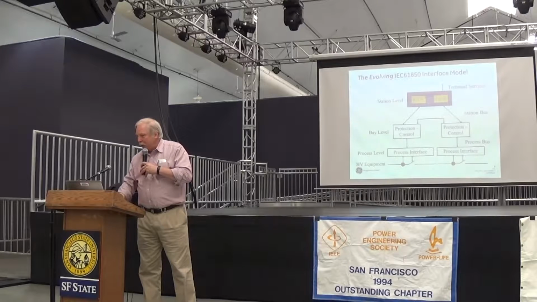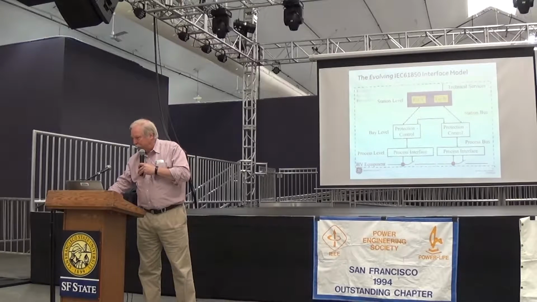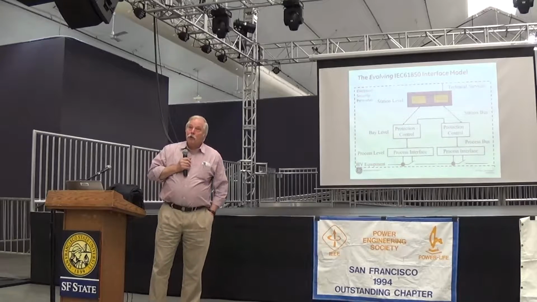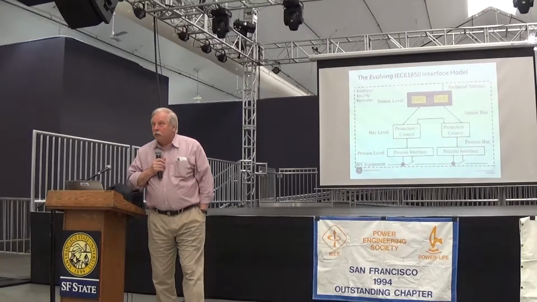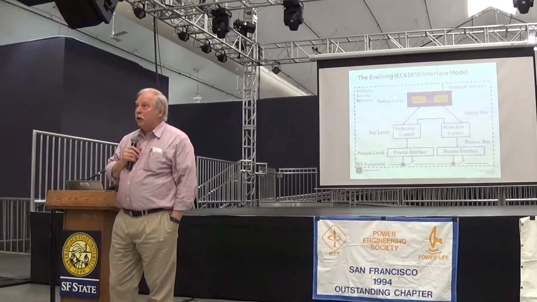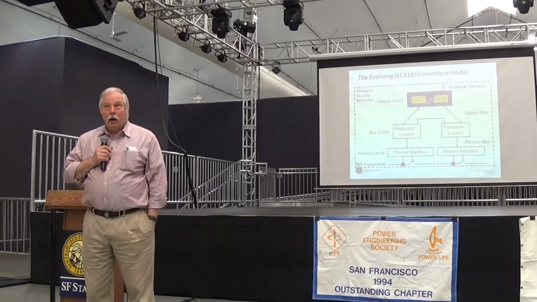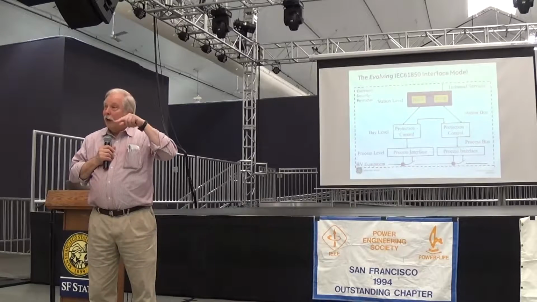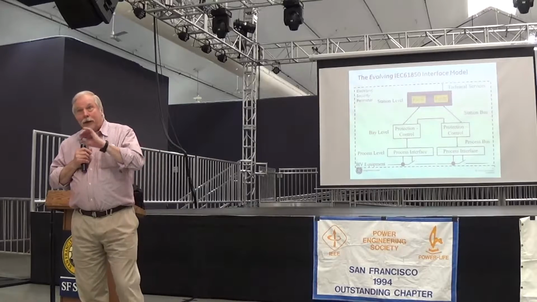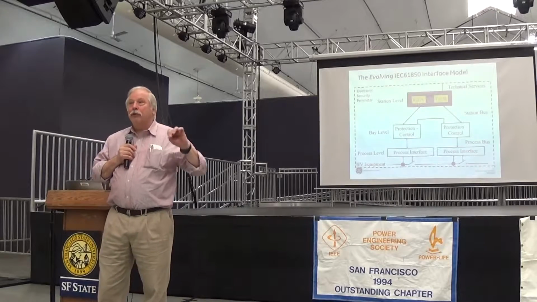What's been happening are the extensions. And a couple of things. First of all, NERC, the North American Electric Reliability Corporation, has stated everything around a substation has to be secured. Any communications has to be secured.